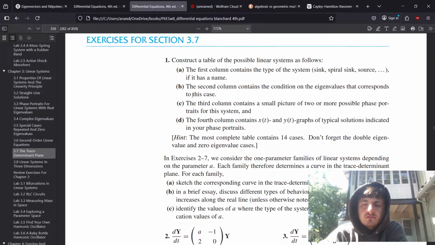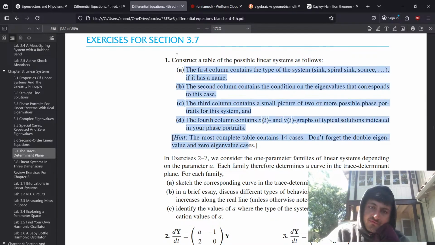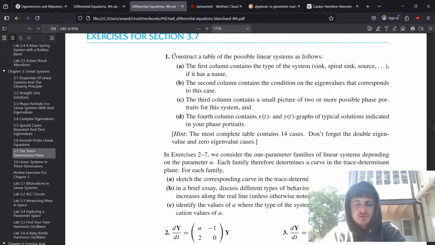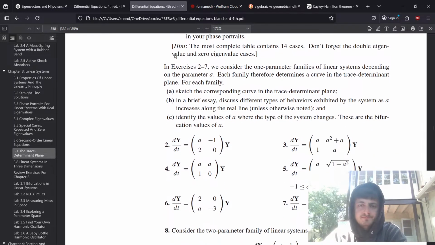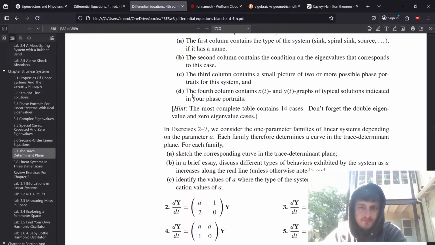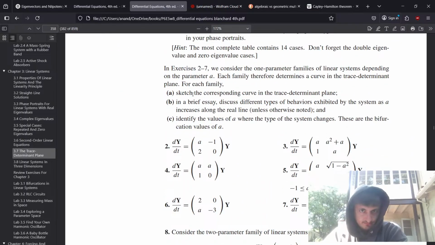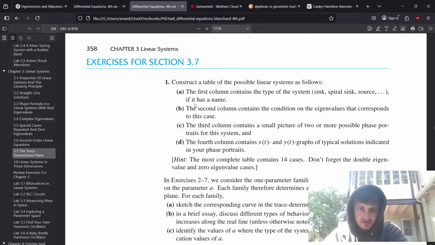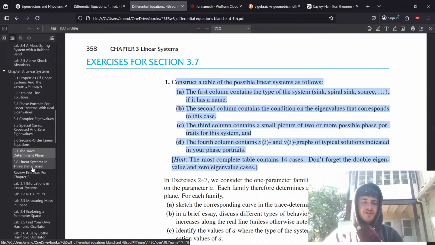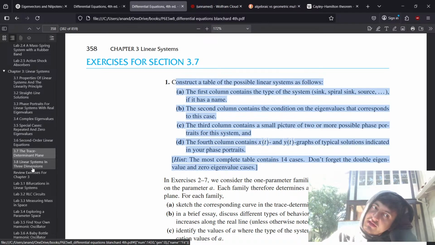Really? 14 cases? All right. I mean, I guess we kind of should do one. 14's a lot, though. There seems like an interesting combinatorial pattern. I'm actually excited to get to 3.8. I feel like 3.8 is going to be really cool.